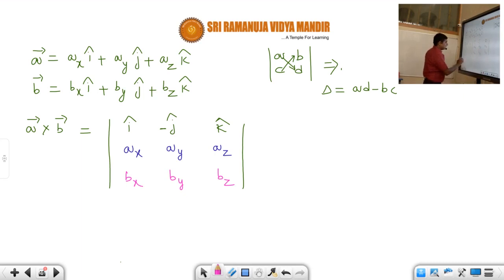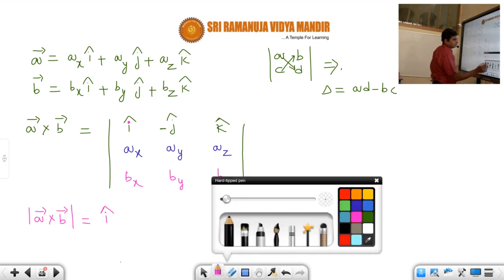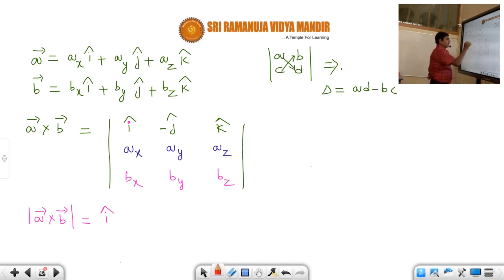Now the magnitude of A bar cross B bar is equal to, how to calculate it: first take the I vector, students. If you take the I vector, we should draw one line in the row which consists of I cap and one line in the column which consists of I cap.